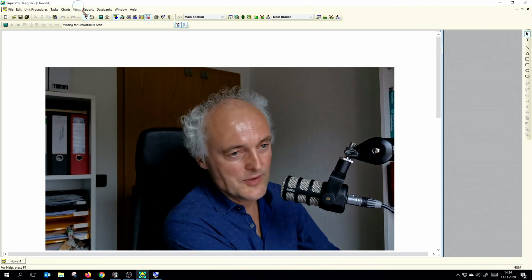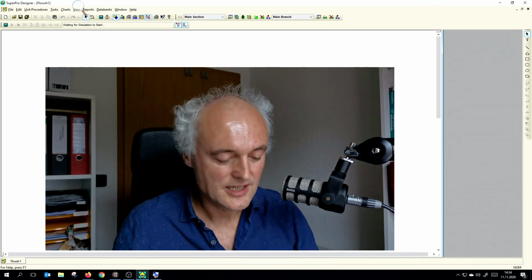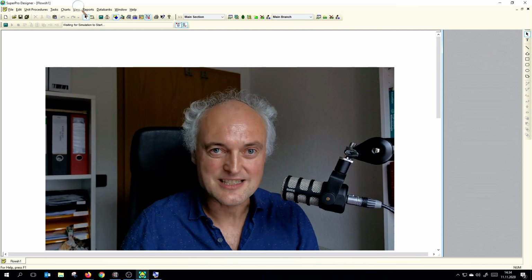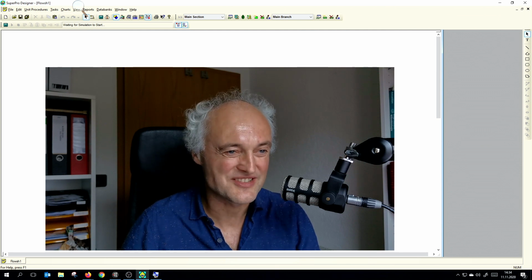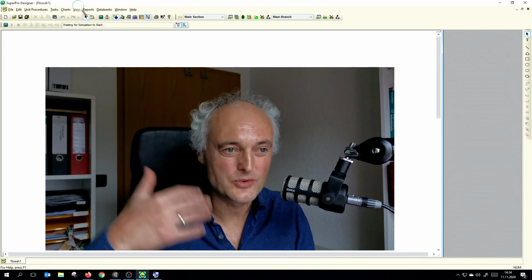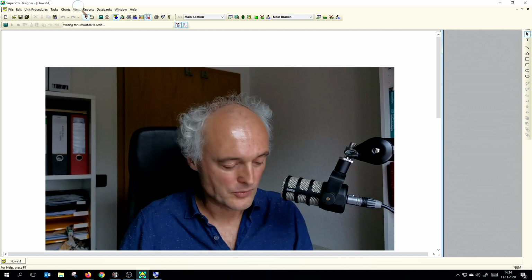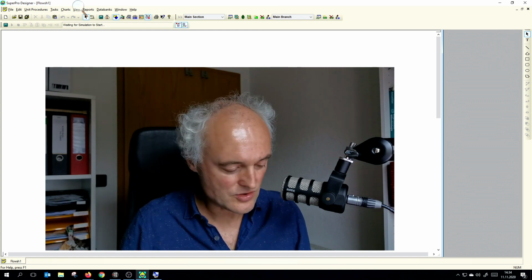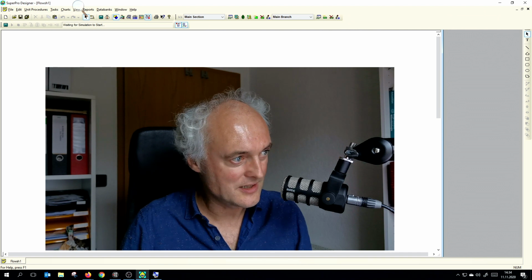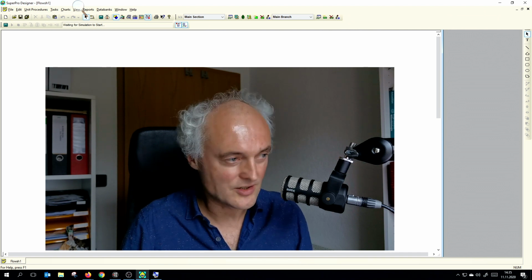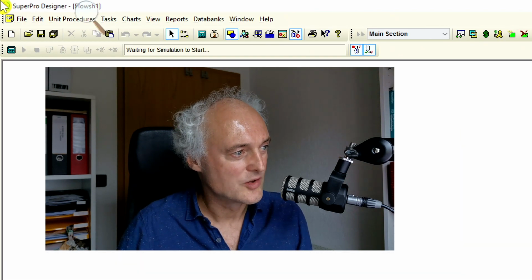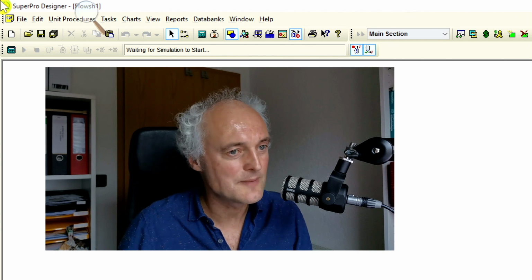Our first example is a very simple example. It's just the neutralization of an acid with a base. This is not rocket science chemistry, but it is just to show you how the software really works. Now I also make it a bit bigger because usually the symbols in this software are really small and hard to see.